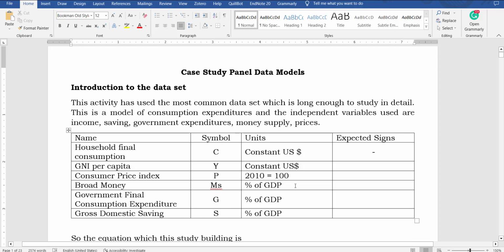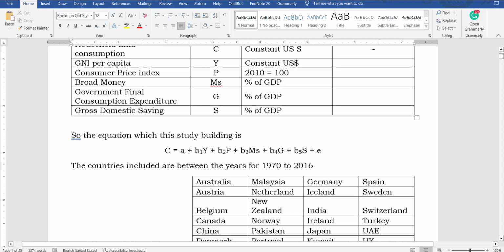These are some variables. I am going to develop a model of consumption expenditures, and then there are some independent variables. This is a model where most of the variables are available from the World Bank so that I can make a panel data model. For that I've written the equation.